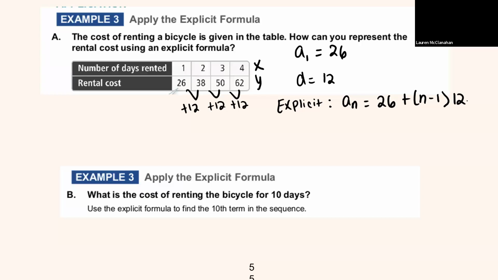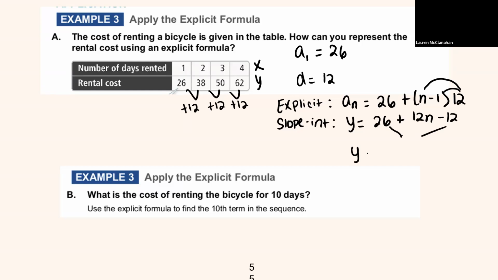Now we're going to write this in slope-intercept form, which takes us back to last topic. I'm sure if you look at this, you have an idea of how you might write this in slope-intercept form. We need to distribute. So I'm going to write y equals 26 plus, distributing this 12 to both of these, 12n minus 12. When you get right here, we have like terms to combine in 26 and 12.